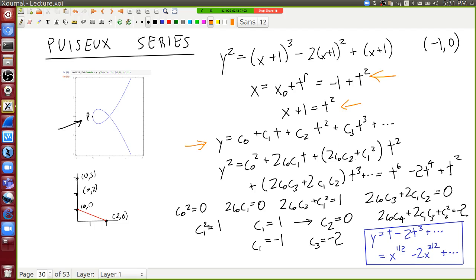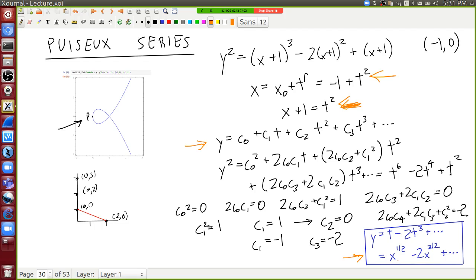Substitute all this in. Again, just equate like terms in t, and solve everything simultaneously, and I start getting the beginnings of my t expansion here. Y equals t minus 2t cubed plus, and it keeps going. Well, let's see, t cubed up here, I'm seeing t cubed is x plus 1.